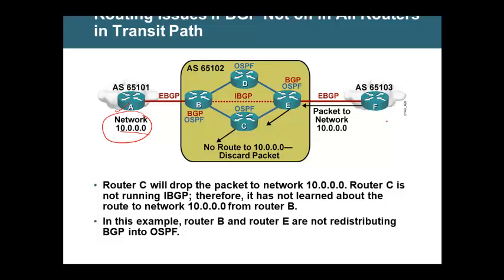And now F has learned it in the routing table. Now, from whom did F learn this 10 network? Of course, it is E.